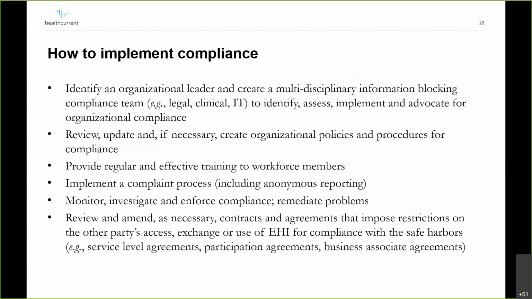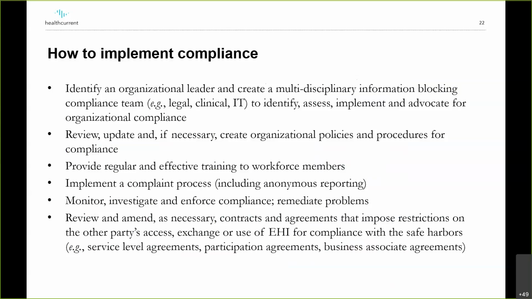If you already have a compliance team, which for large health systems you probably already do, and for larger practice groups, but even if you don't, create a compliance team, identify an organizational leader who's going to lead it and take responsibility, and identify the practices that your practice is engaging in that might implicate information blocking, assess them, and then figure out what you need to do for organizational compliance.